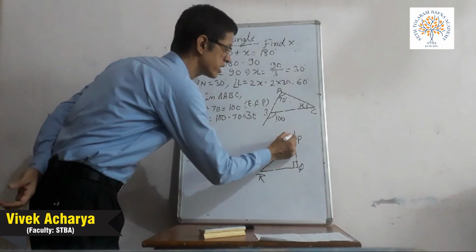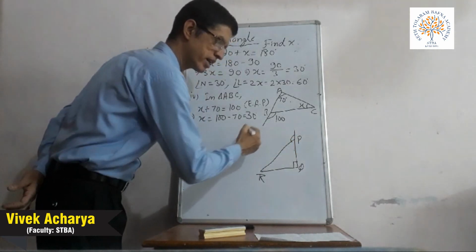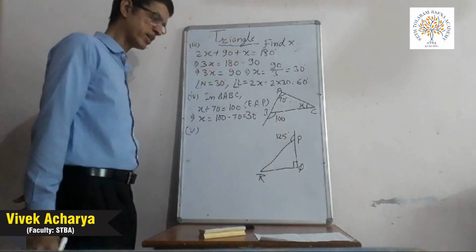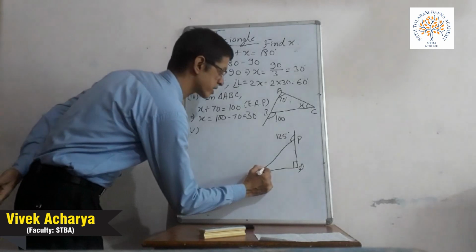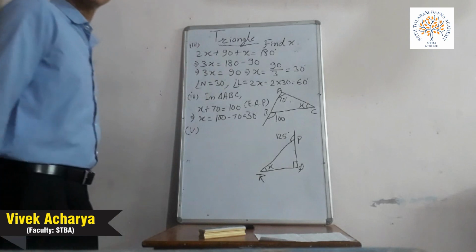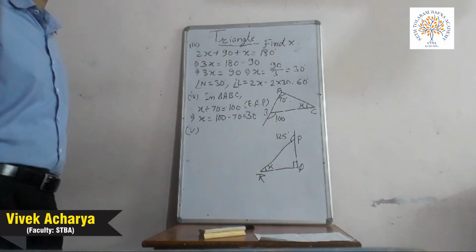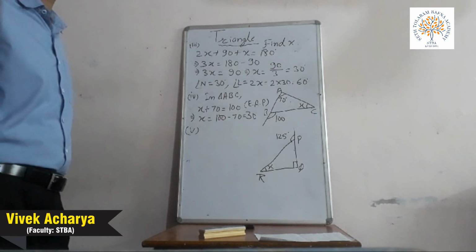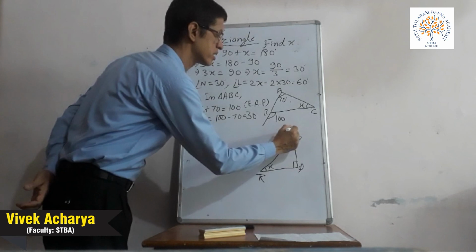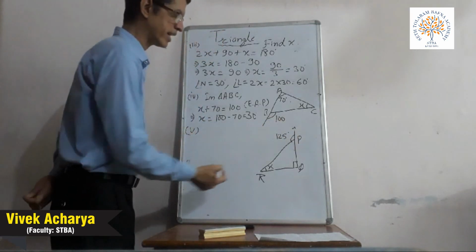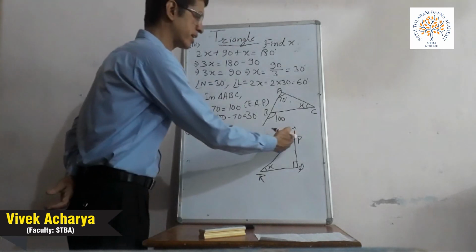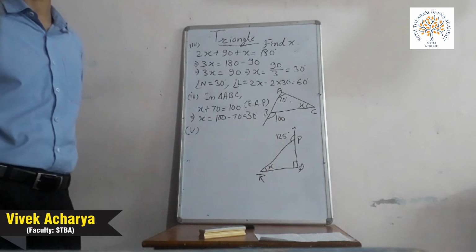And I write there the value 125, and I write here X. Now children, again you have to find X here. Now you can see the side QR is extended and this exterior angle is forming here. So this exterior angle is 125 degrees.